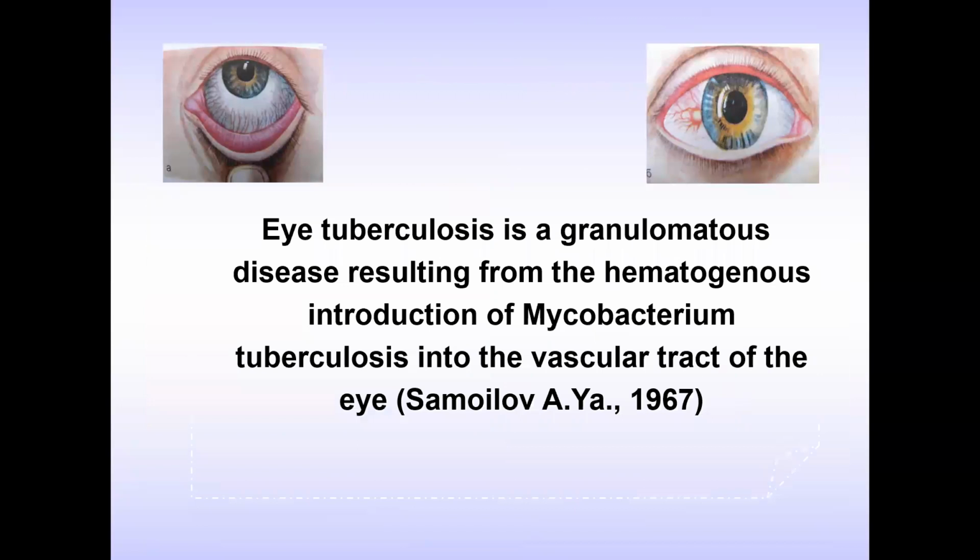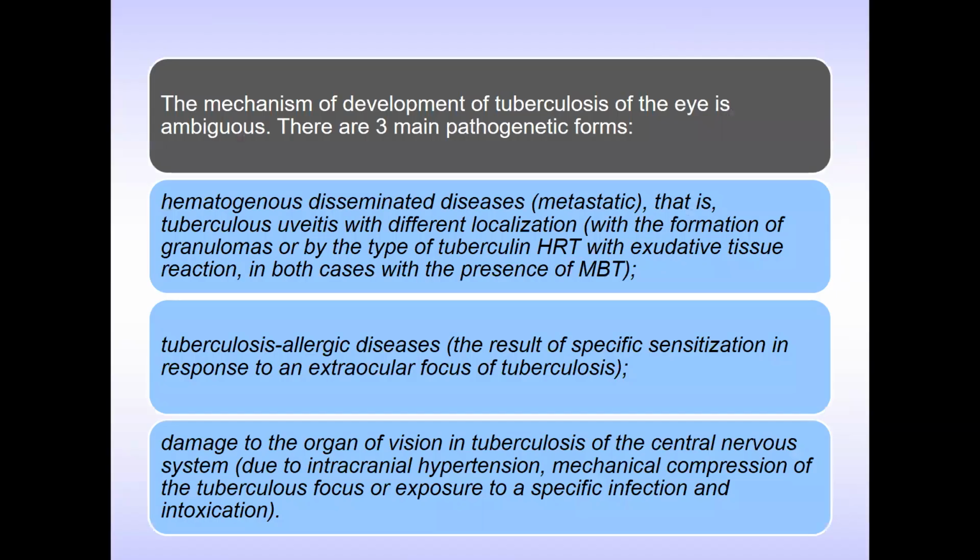Eye tuberculosis is a granulomatous disease resulting from the hematogenous introduction of Mycobacterium tuberculosis into the vascular tract of the eye. The mechanism of development of tuberculosis of the eyes is ambiguous.